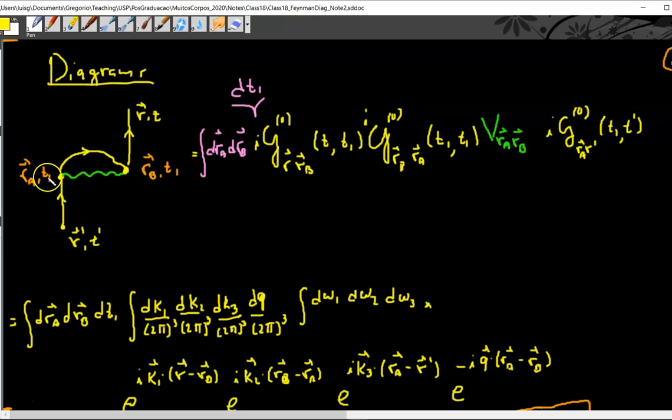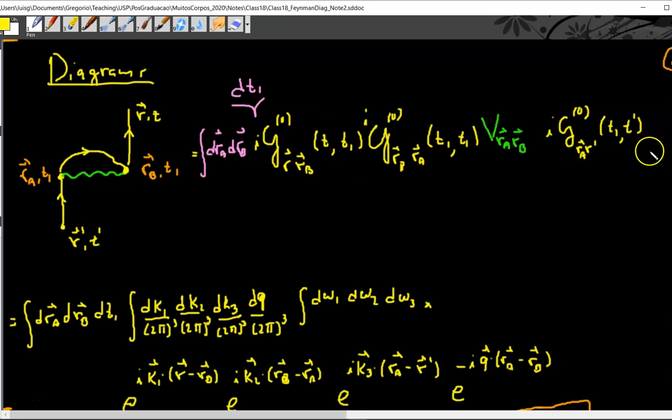Then there's the interaction that goes from r_A, r_B, okay. And then there is this propagator that, at the same time, notice this is always propagating at t1, okay? But it goes from r_A to r_B. There's an i there. And the final propagator goes from t1 to t, from r_B to r.